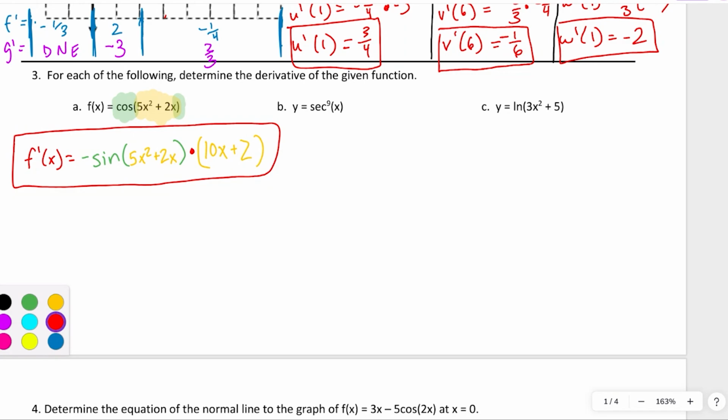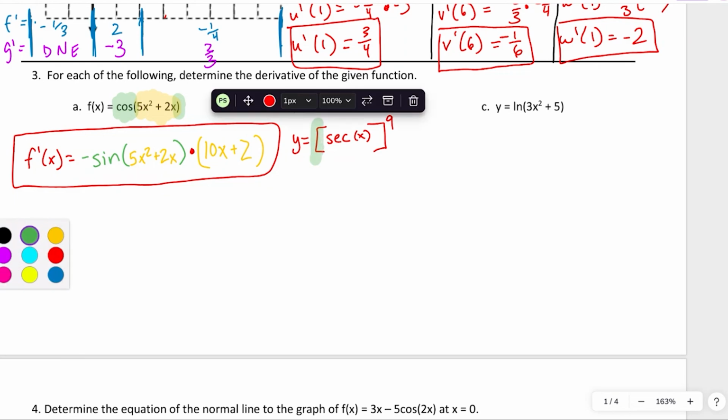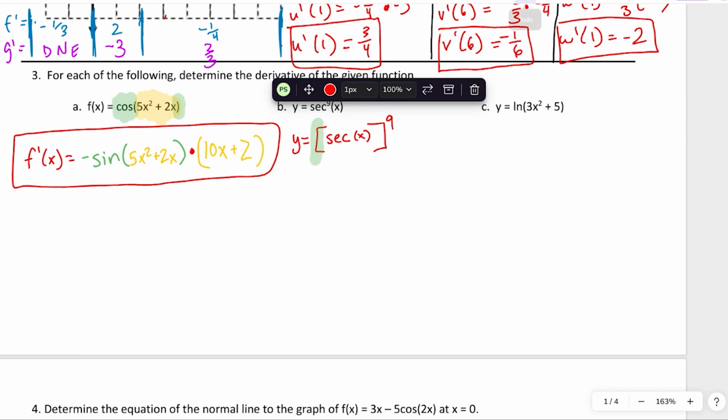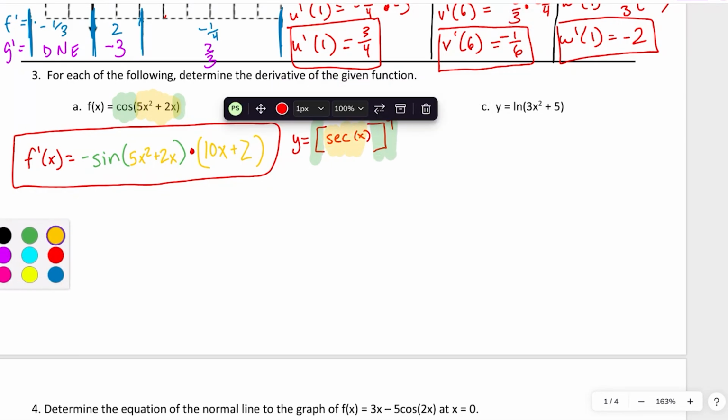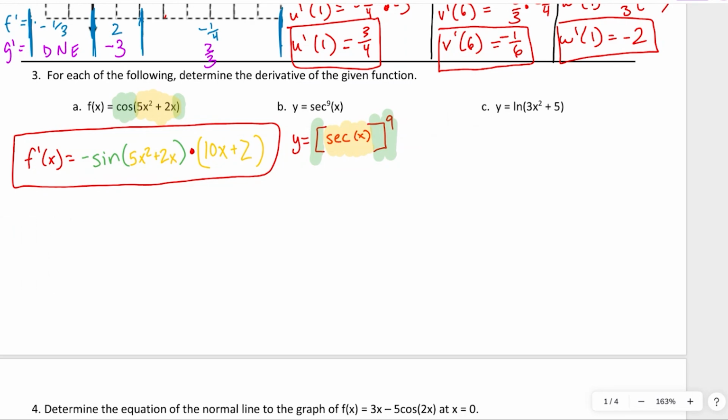For B, you guys know, hopefully at this point, how I feel about this whole notation with the exponent right after the function. I'm going to rewrite this as y equals secant x to the 9th power. Writing it this way makes it a little bit more obvious that x to the 9th is my outside function, and secant x is my true inside function. So I'm going to differentiate the x to the 9th first.